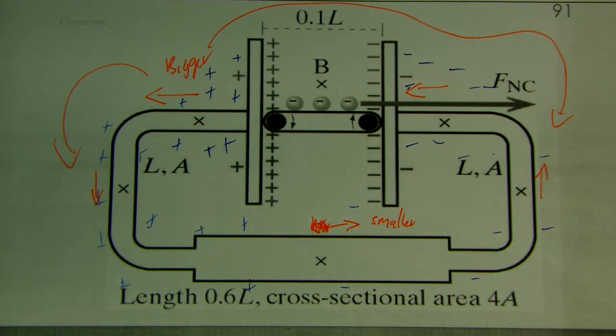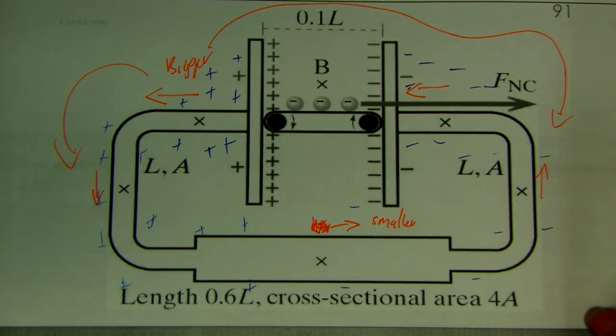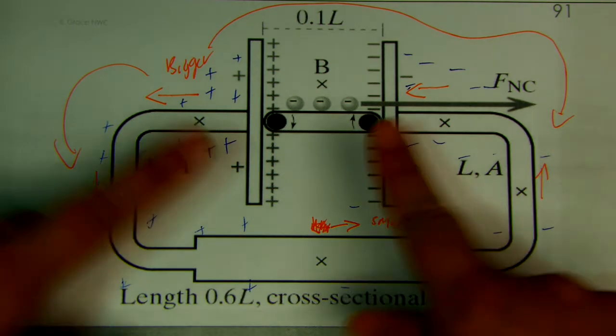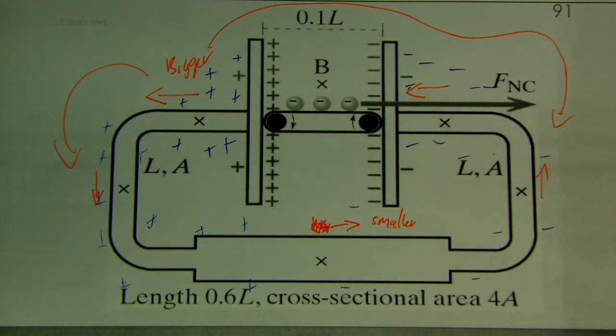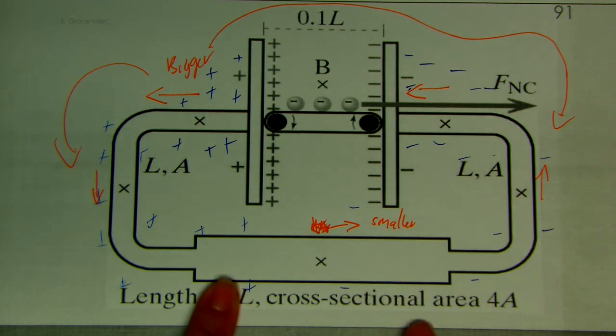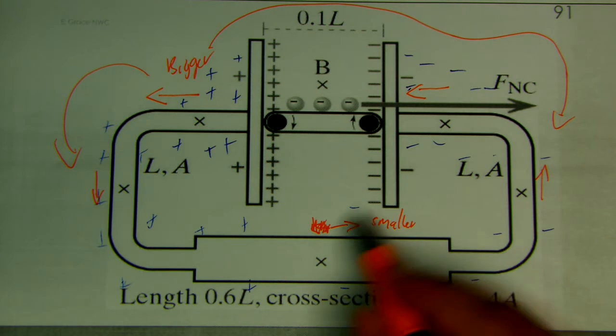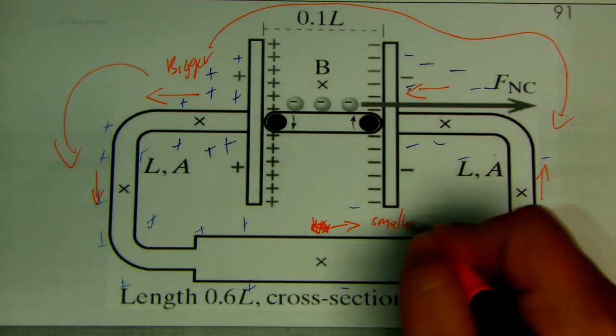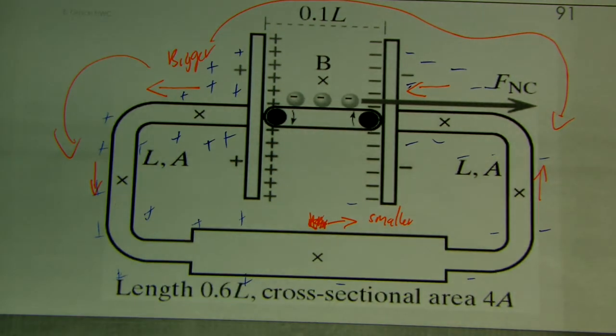All right, so those are the first two parts of that problem done. So big electric fields where the thin wires are, and a smaller electric field where we've got the cross-sectional area of 4A. If you do make a mistake like I did, then you can always write down what you mean by that arrow.